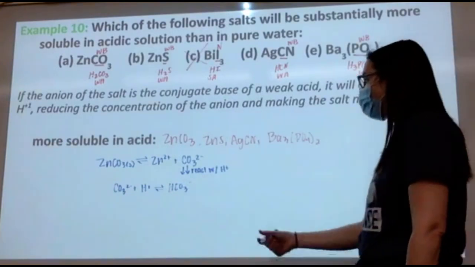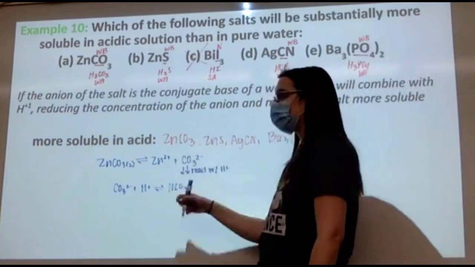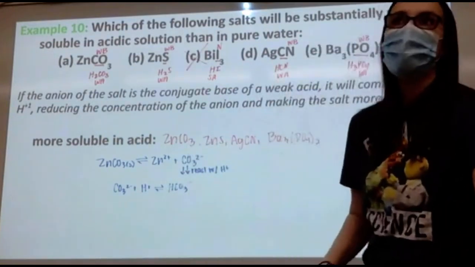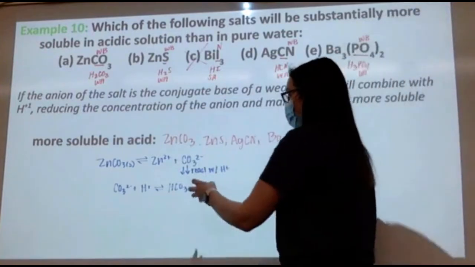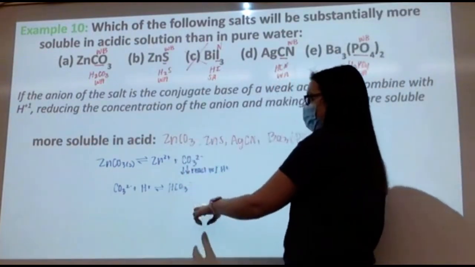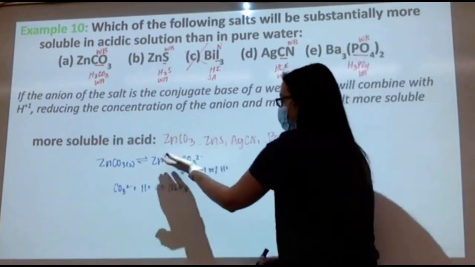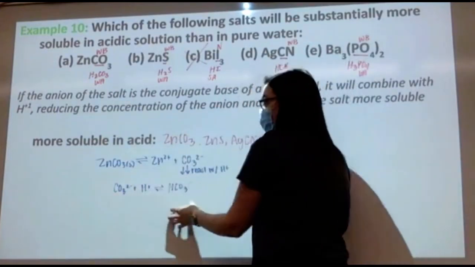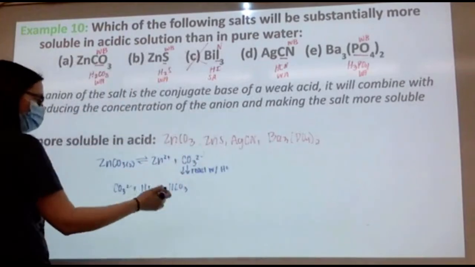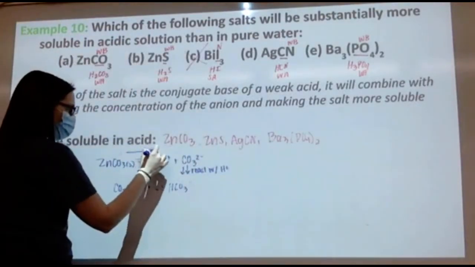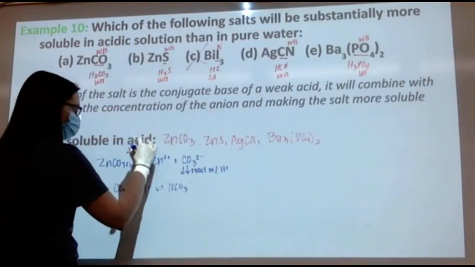So as a weak base reacts with H+, reacts with an acid, that's what a base does. A base reacts with an acid. CO3 2 minus, we have less and less of it in this equilibrium because it's reacting and forming something new. So because we have less CO3 2 minus, more solid will dissolve.